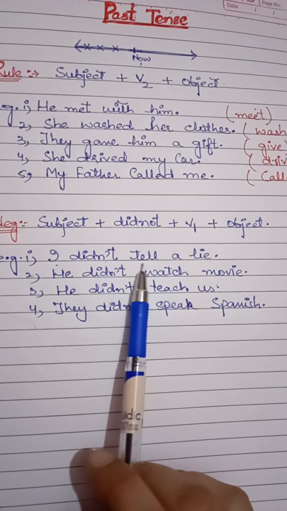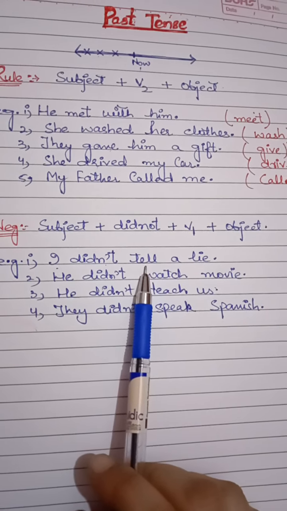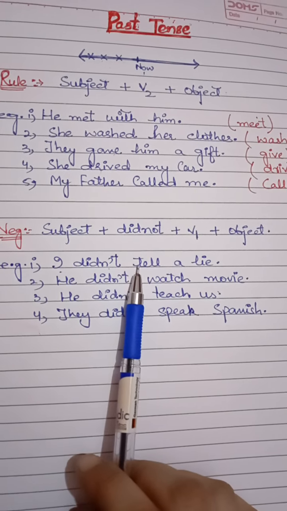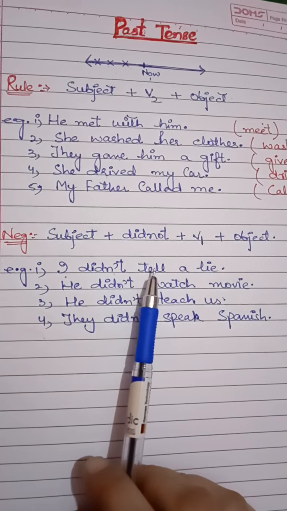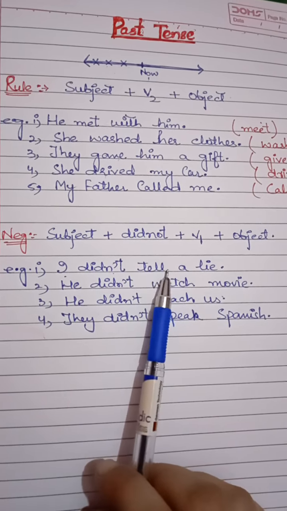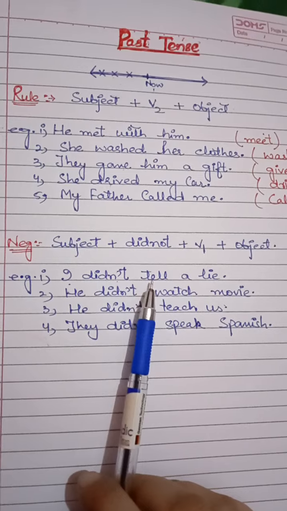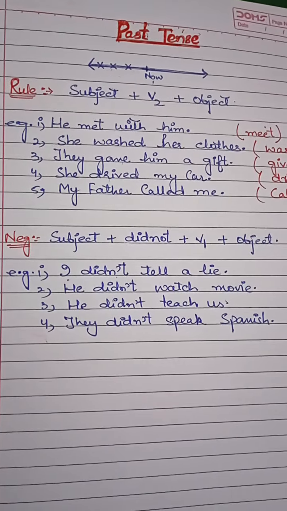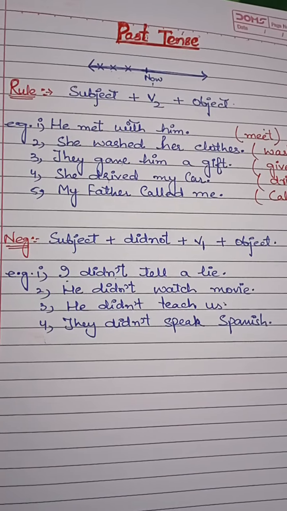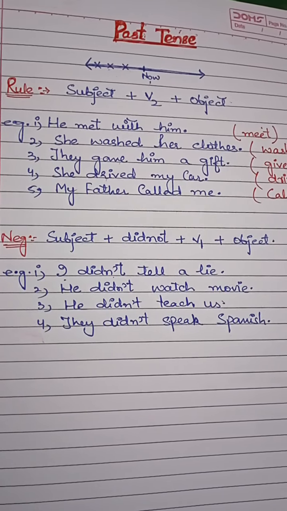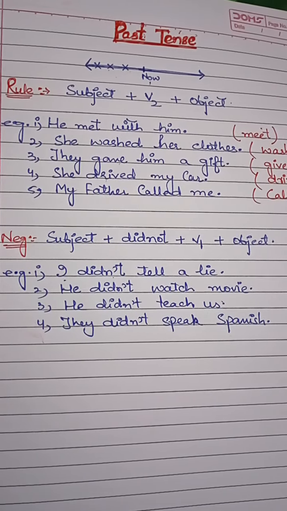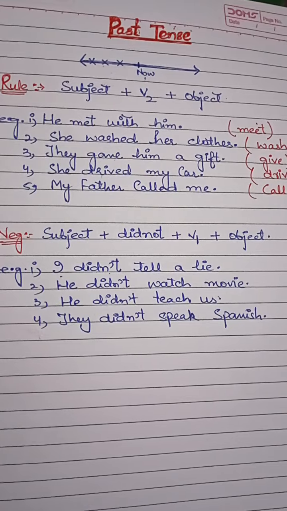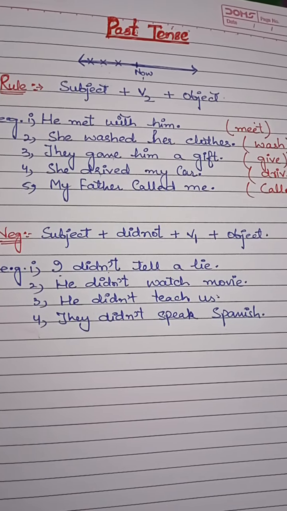Here we use the first form because here did is the second form of do. So there is no need to use the second form of verb with the main verb. Okay, the second example of negative sentence is he did not watch movie. Third example, he did not teach us. They did not speak Spanish.